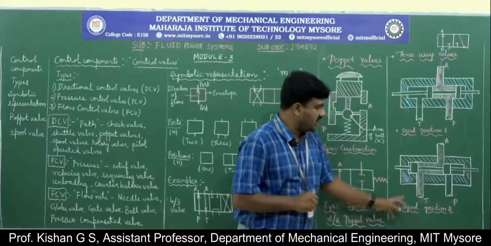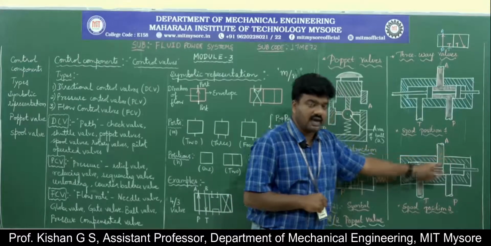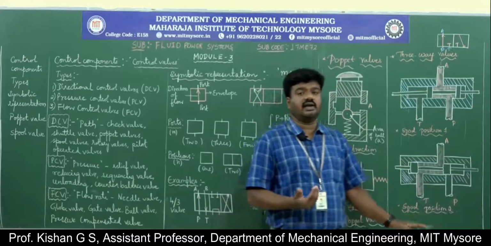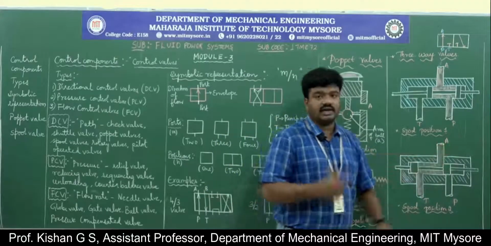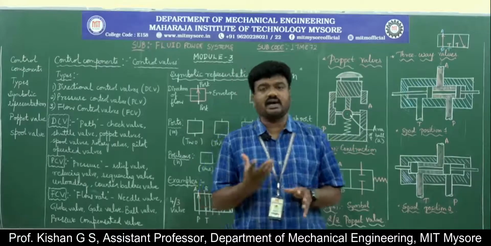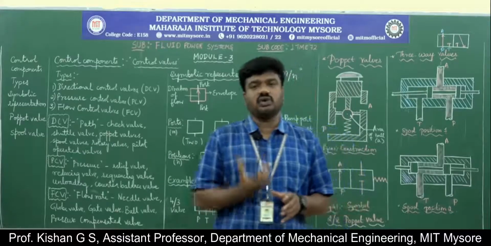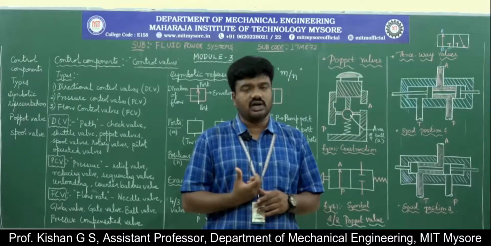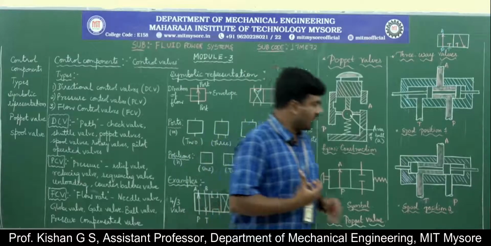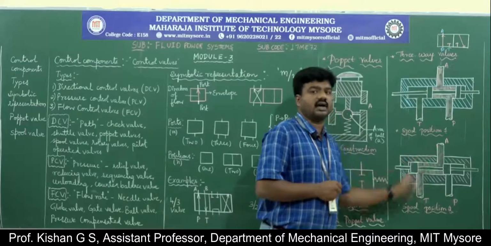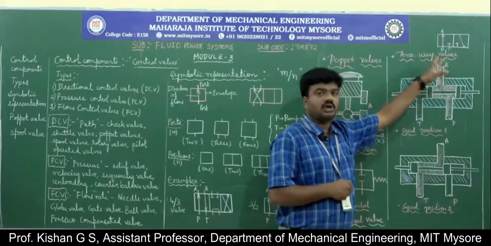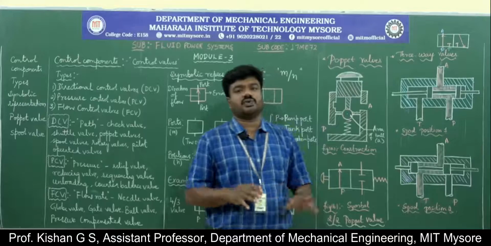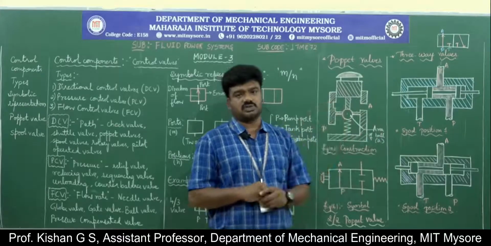Here there is a flow from system port A to the tank, because blindly there is a mindset wherein we can represent the flow from T to A. T to A is impossible. The tank is a reservoir. It receives only the fluid that has been sent into it. Hence, keep in mind, there can always be a flow from the system port to the tank port, or the pump port to the tank port, or the pump port to the system port, but there will never be a flow from the tank port to any of the system ports.